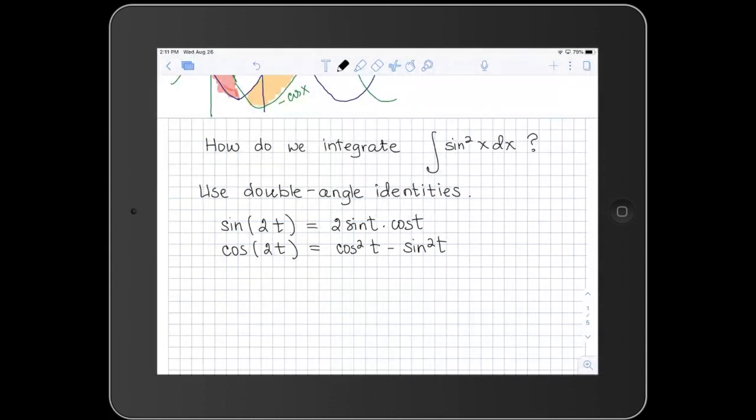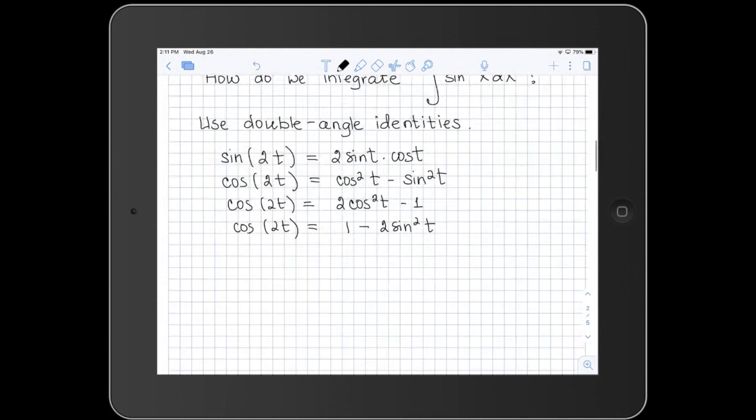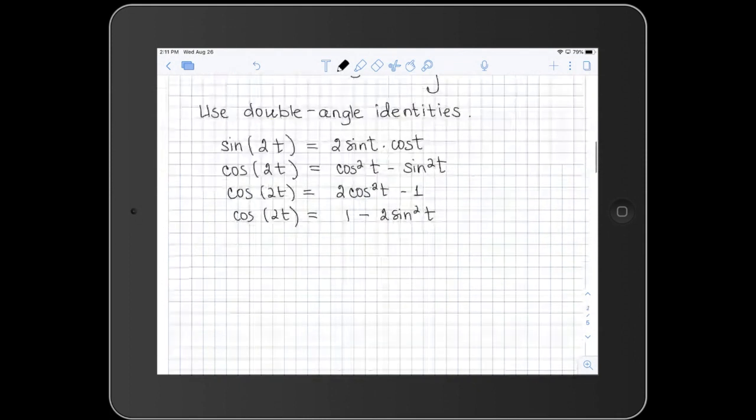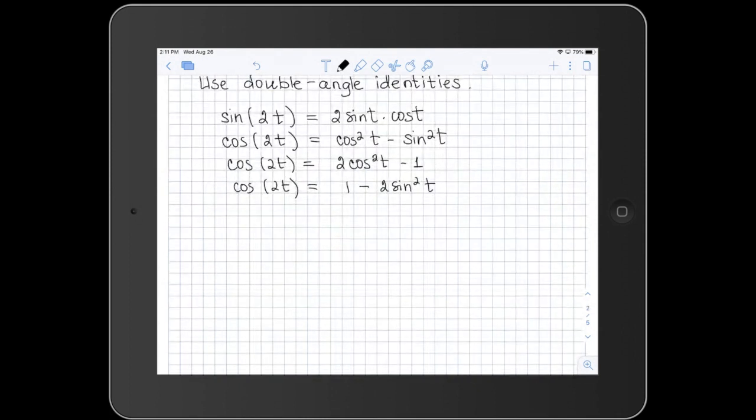The useful formulas are: cosine of 2t is equal to 2 cosine squared of t minus 1, or another form is 1 minus 2 sine squared of t. Now from here you would be able to solve for cosine squared or sine squared.